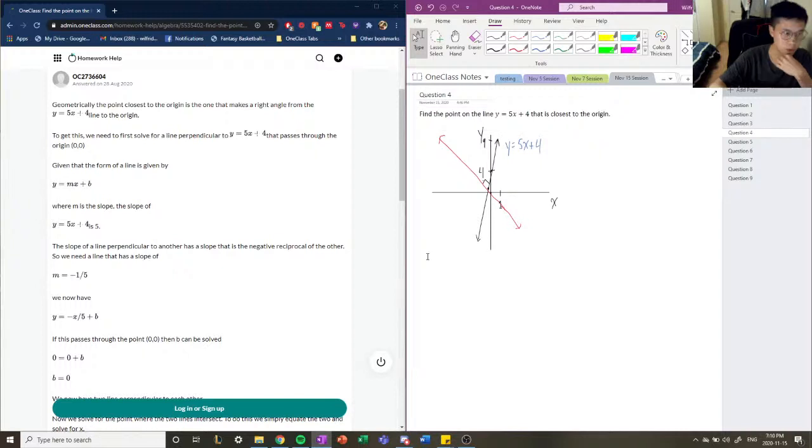There's one main fact: to find a line that is perpendicular to our original line, we can use the fact that the line perpendicular to, let's use our general form y equals mx plus b, has the slope of negative 1 over m.